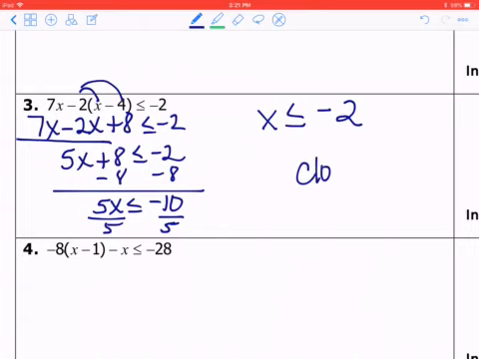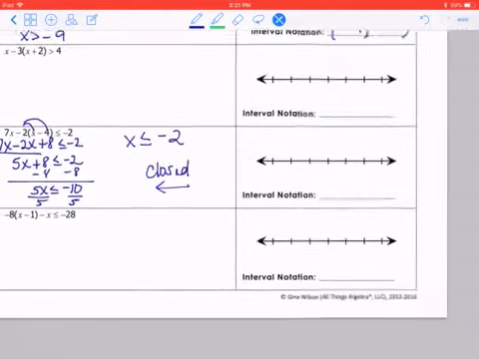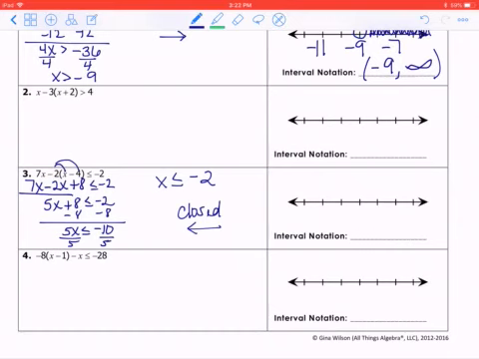Now we will have a closed circle, and my inequality points left, so I will shade left. Negative 2, it's going to be negative 4, and 0. Closed circle and shaded left.